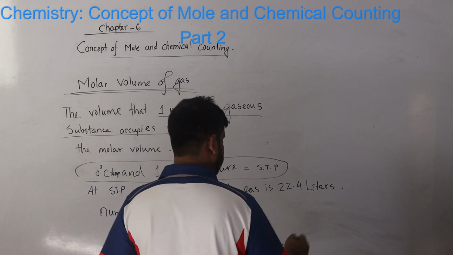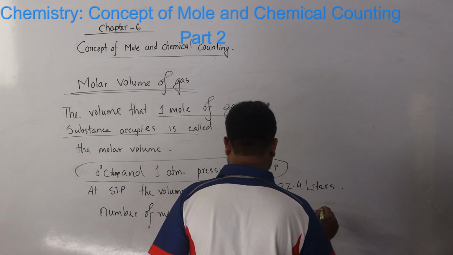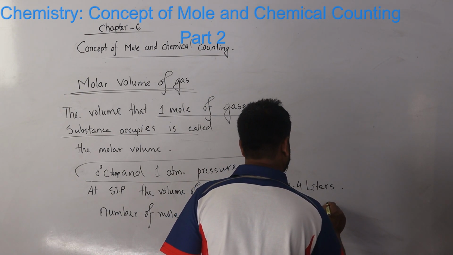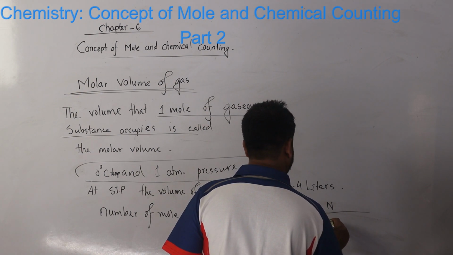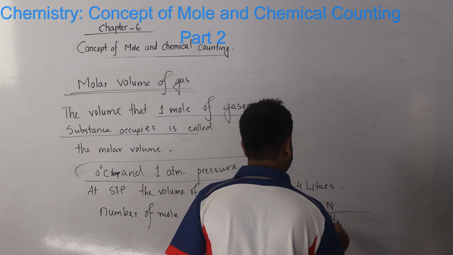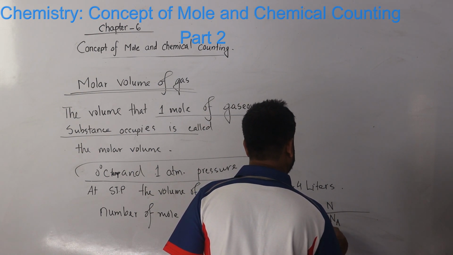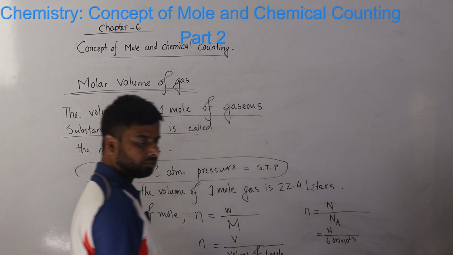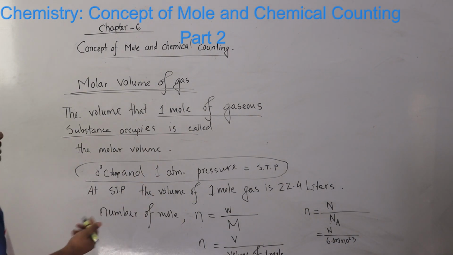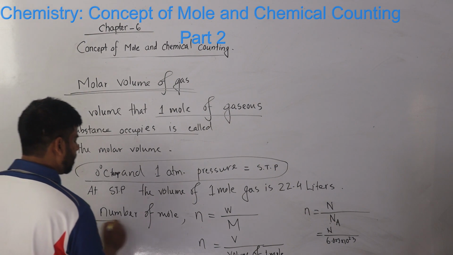Or we can calculate mole number by using this formula: number of atoms or molecules or ions divided by Avogadro number, that is, n divided by 6.023 10 to the power 23. So by using this formula we can calculate number of mole.